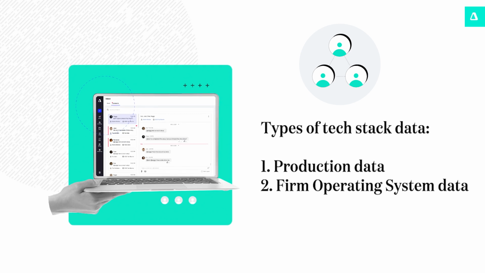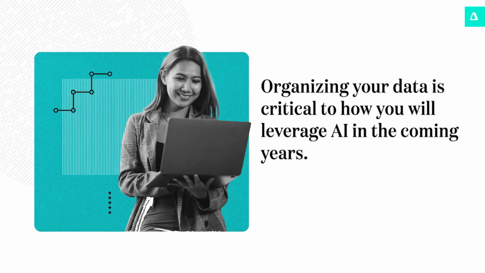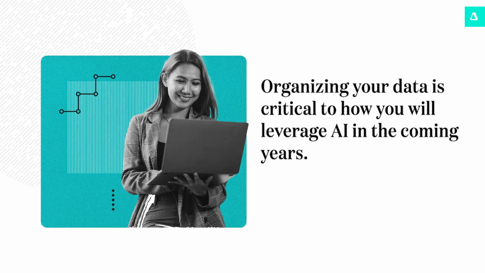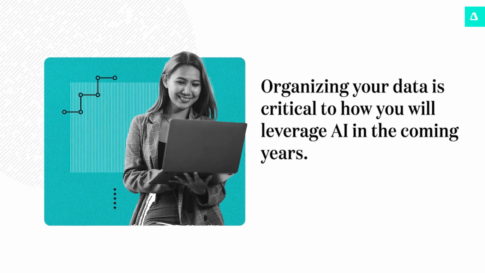But then there's the firm operating system set of data, like who's buying what from you, how effective is your staff, and how good is this client, and how to actually serve clients in the firm operating system sense. So having a good structure to organize the data inside your firm is critical to maximizing AI as we move forward with our practices.